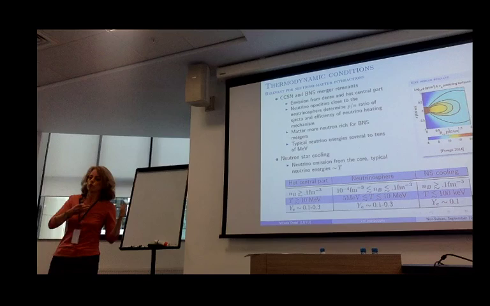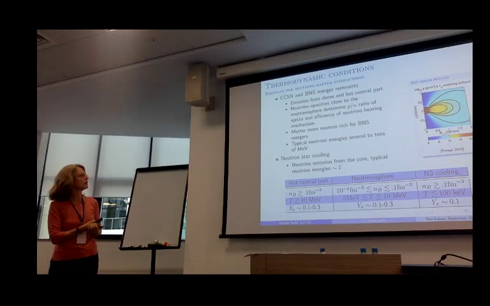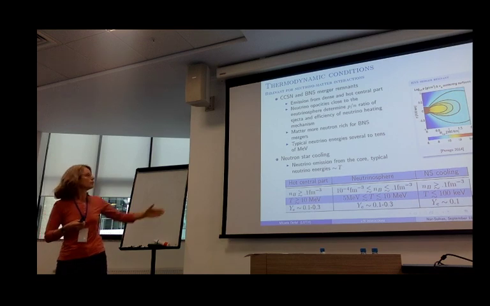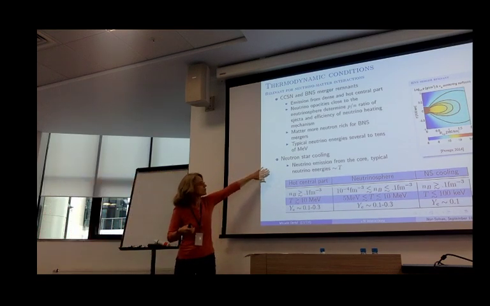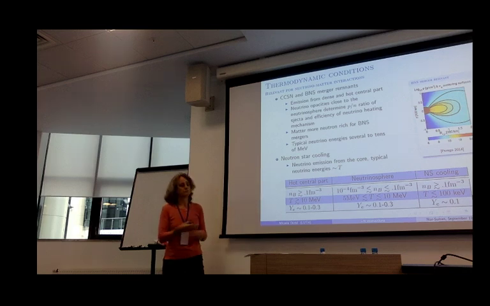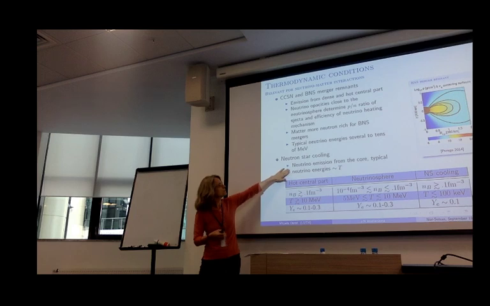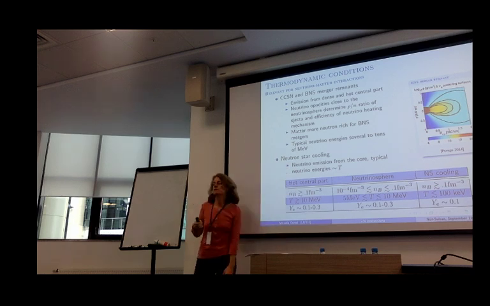And the conditions are relatively similar for both, except for the binary neutron star matter, you have more neutron-rich matter, and typical neutrino energies are of the order of tens of MeV. And of course, for neutron star cooling, conditions are different because you have much colder matter, and here the neutrino emission is typically from the core, but for cold matter, the typical neutrino energies are of the order of the temperature.